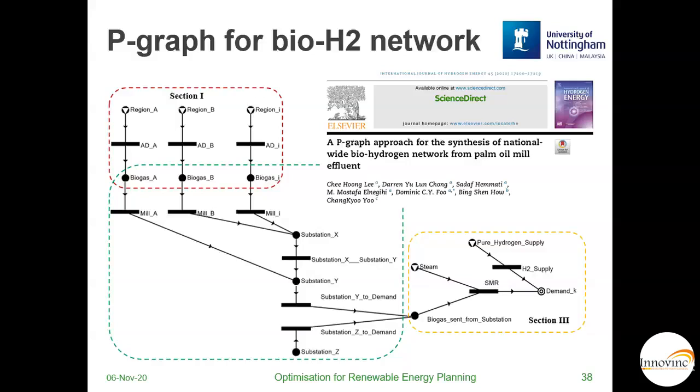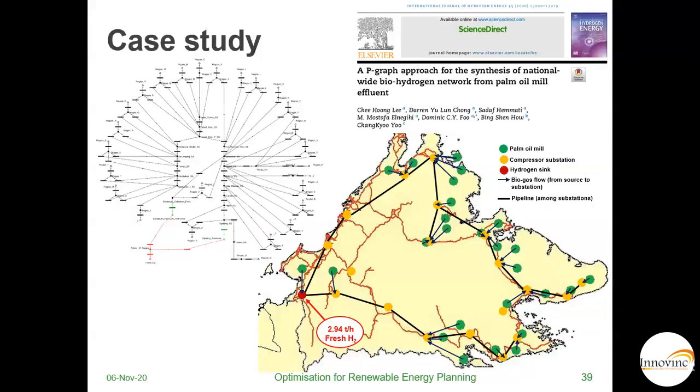Okay, and you can actually select where exactly you wish to put the substation, and the model will help you to determine which particular substation to send the effluents to for recompression before it is sent to the sink. Okay, this was a paper published in the International Journal of Hydrogen Energy.